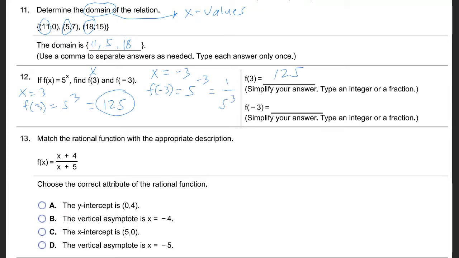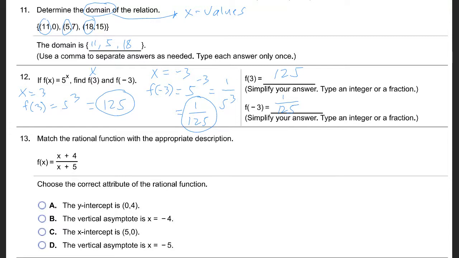And we know what is 5 raised to the power of 3. That's 5 times 5 times 5, that's equal to 125. So therefore our answer here is 1 over 125 for f of negative 3. So it's a fraction. Again, f of negative 3 is equal to 1 over 125. That's problem 12.